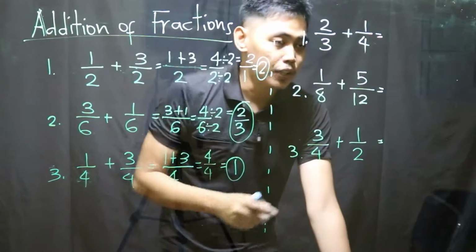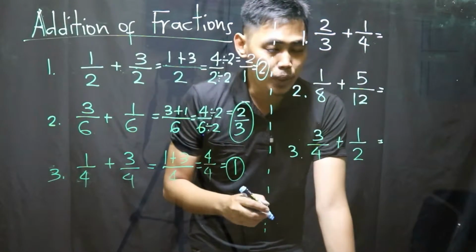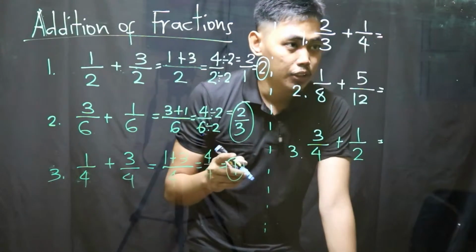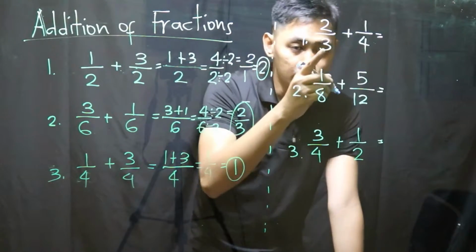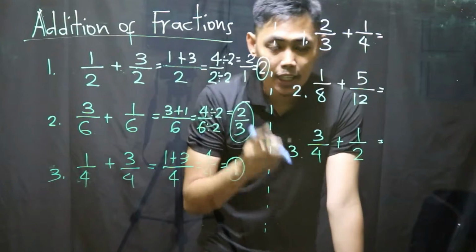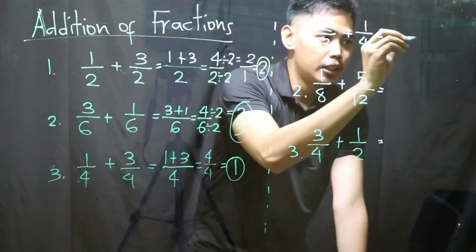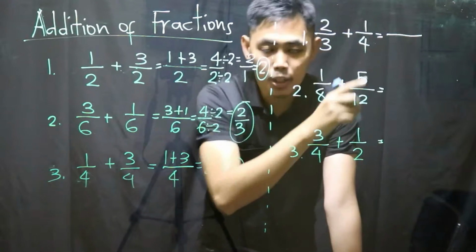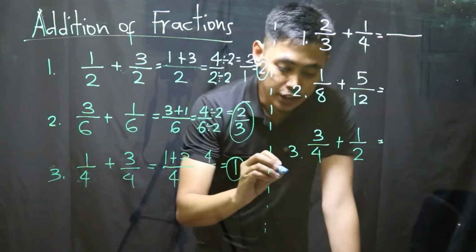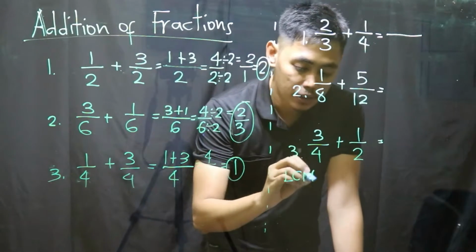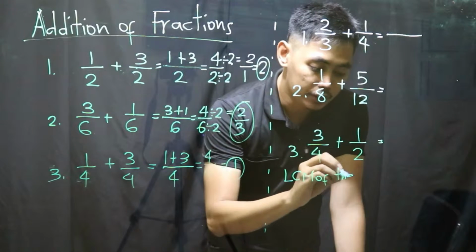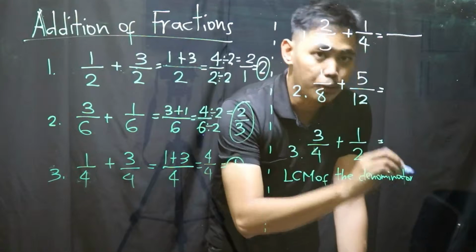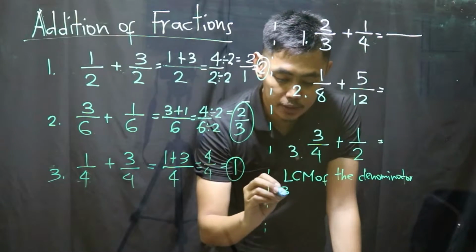In adding dissimilar fractions, it is quite different from adding similar fractions, but it's really easy as well. The first thing that you will need to do is find the LCD of 3 and 4, the least common denominator. The least common denominator is actually the LCM of the denominators, which means 3 and 4.